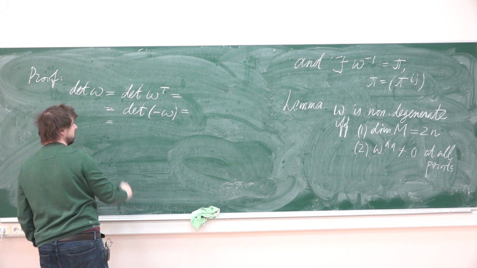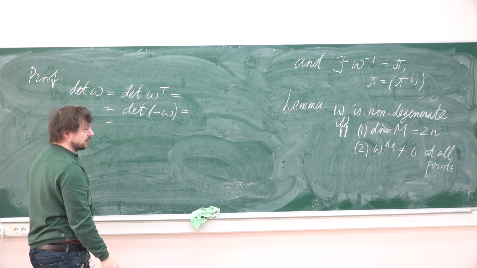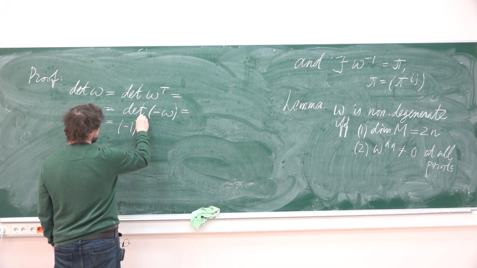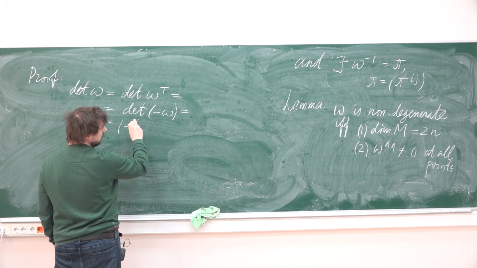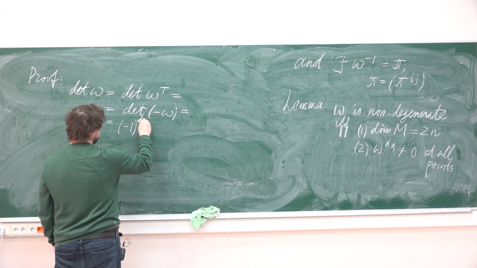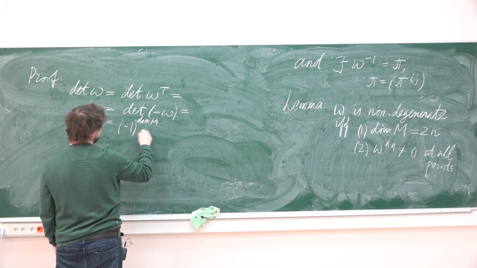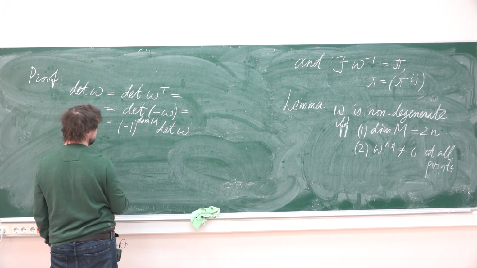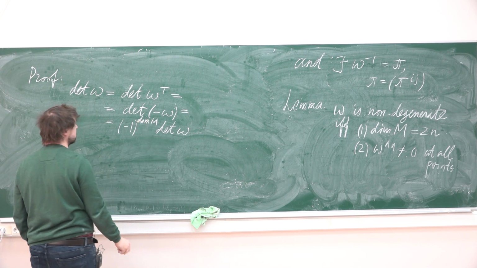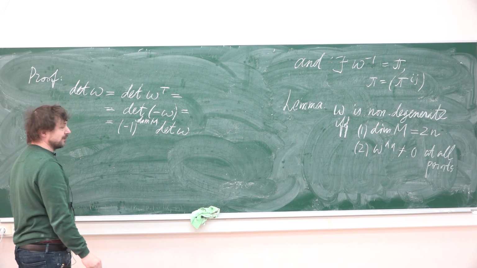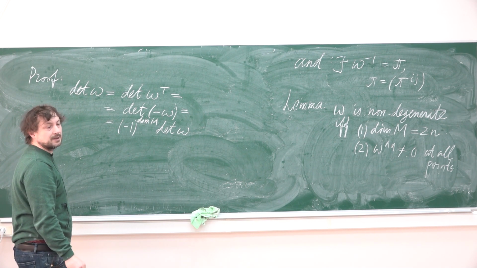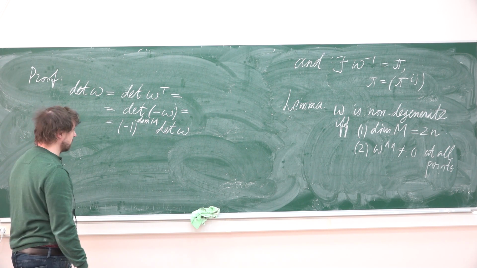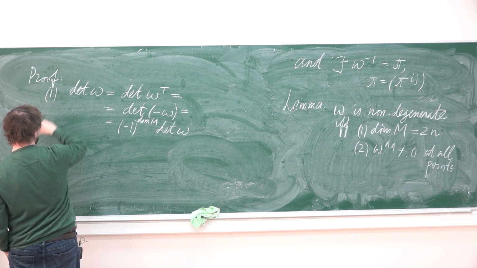And by the properties of determinant, the sign appears in the power, the dimension of M, in front of the determinant. So unless the dimension is even, we have a contradiction that some determinant is equal to minus itself, and that is only possible when the determinant is zero, right? So that proves number one.